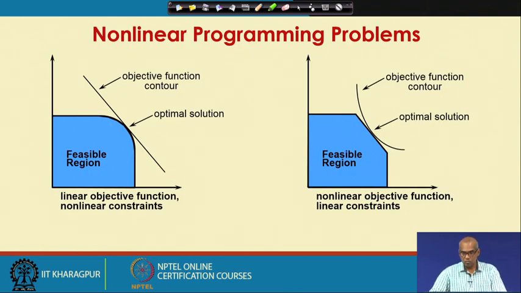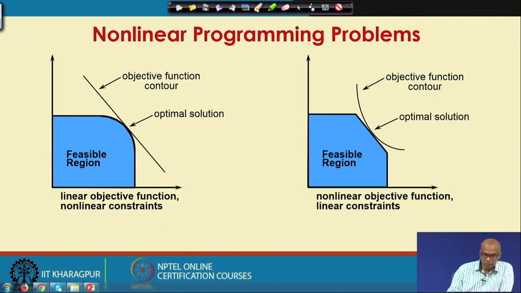Now, what you see is a pictorial presentation of a linear objective function and nonlinear constraints, and let us say this is the optimal solution.